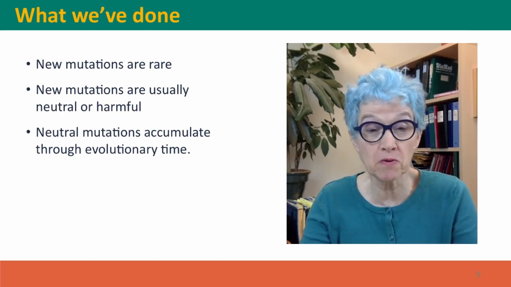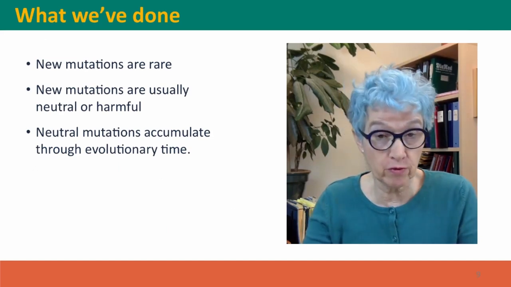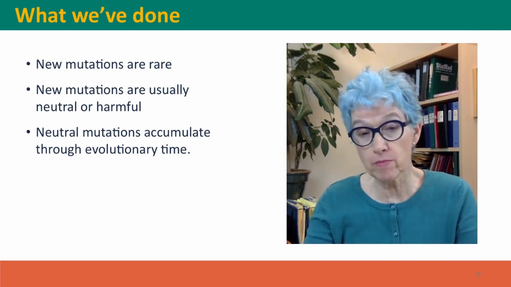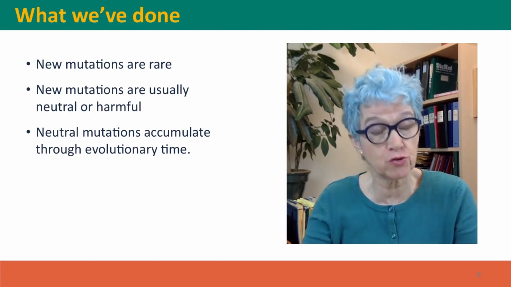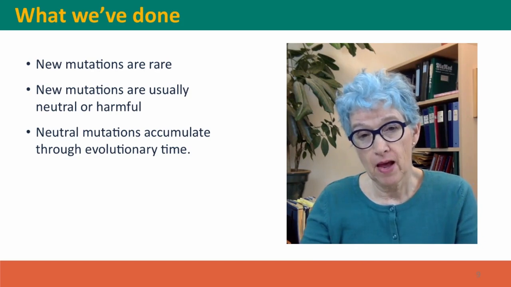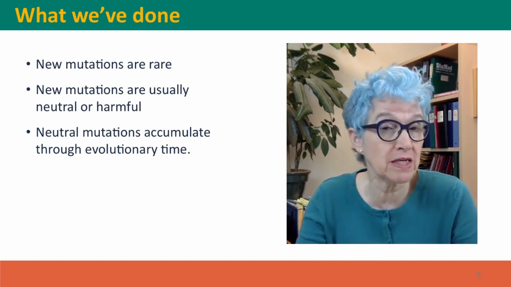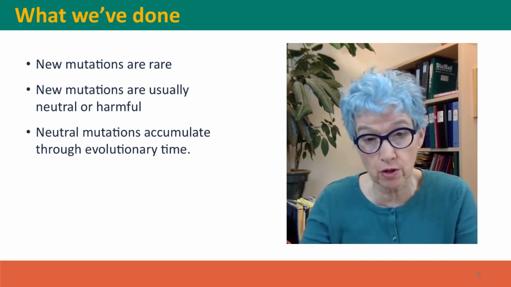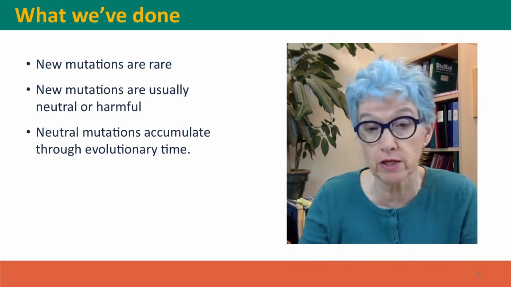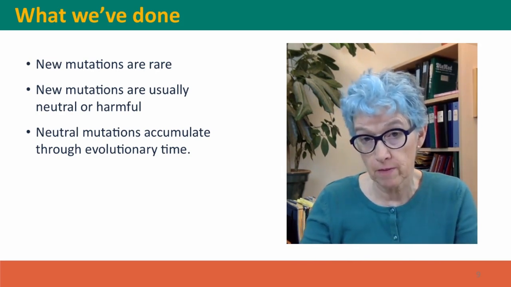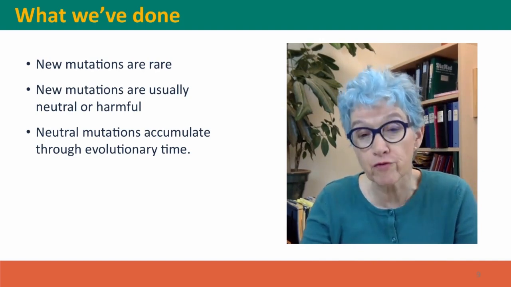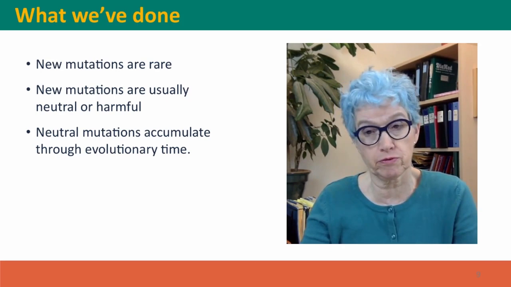So we've talked about the rarity of new mutations. We did some arithmetic. And remember that they're extremely rare in the context of per base pair. But when we extend that to think about the whole genome, our genomes are so large that we inherit new mutations with every generation. Almost all of these new mutations are neutral or harmful. The neutral ones tend to persist.